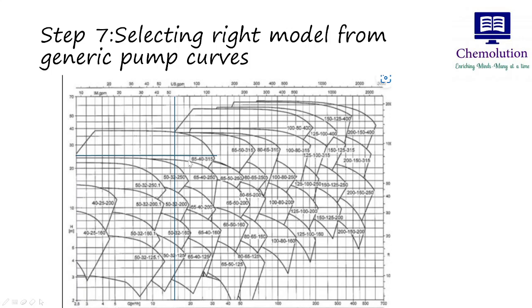But basically you will get this operating point easily in this pump curve. So the number is 65-40315. This is the pump model number which we are going to select. So this is how we select pump models for our given operation.